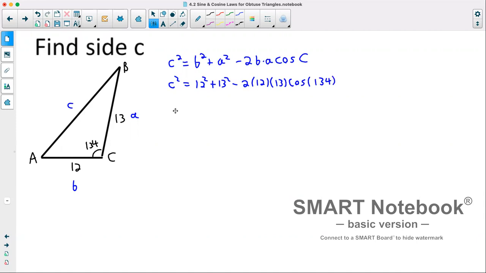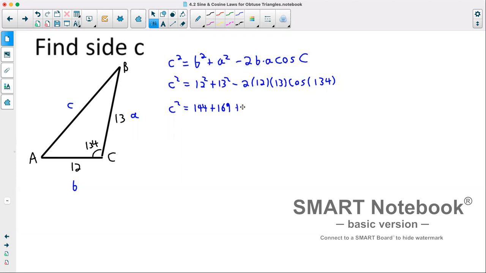So we'll go through and start simplifying this. 12 squared is 144. 13 squared is 169. And then we have negative 2 times 12 times 13 times cos of 134.